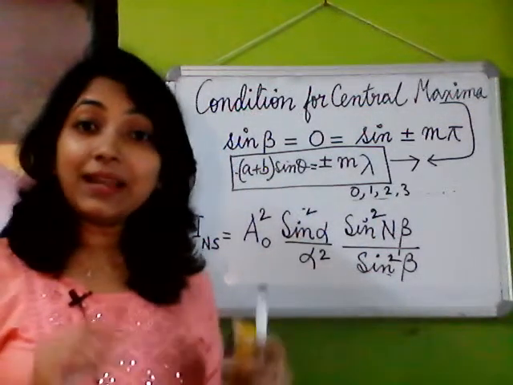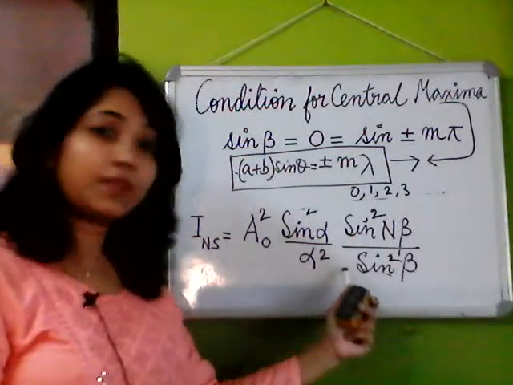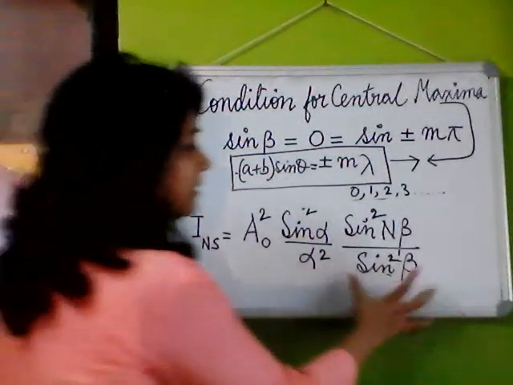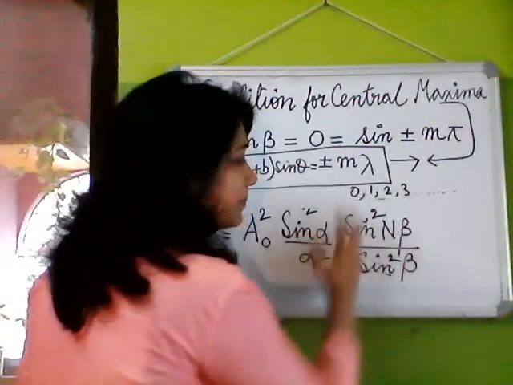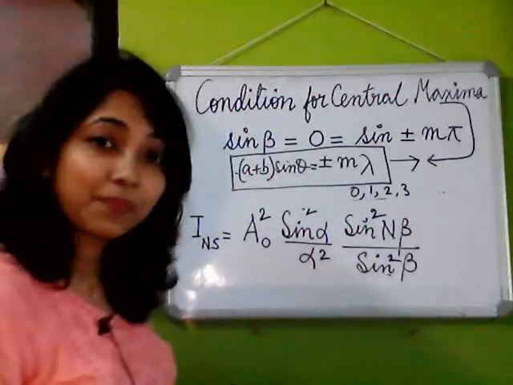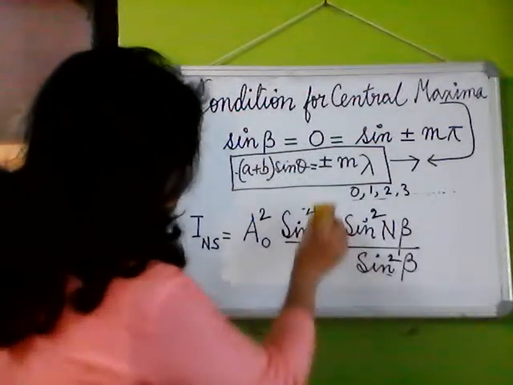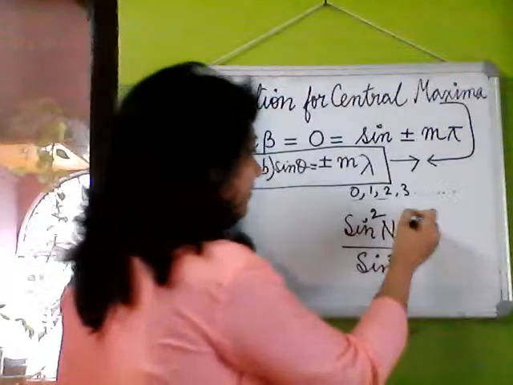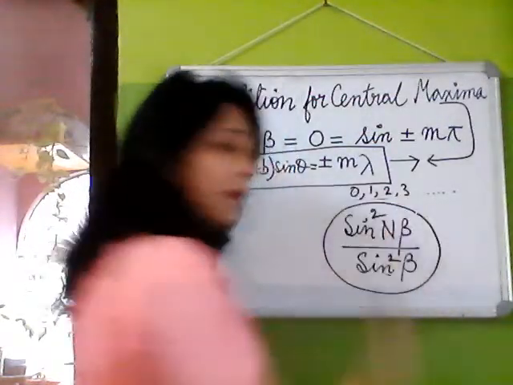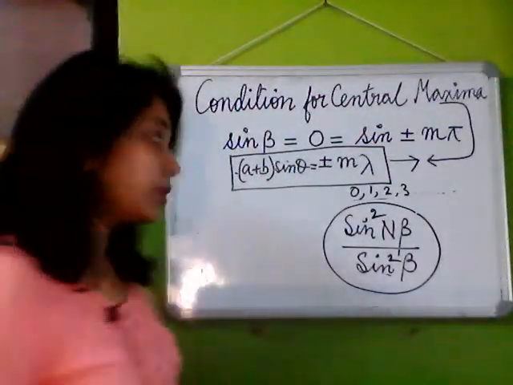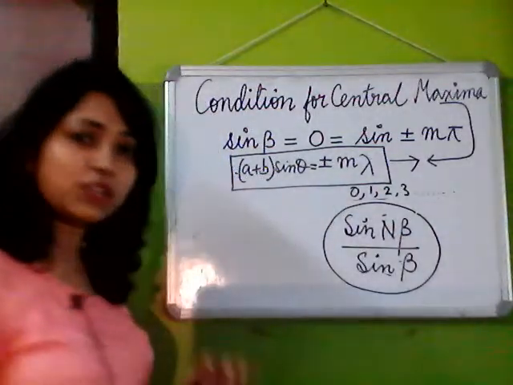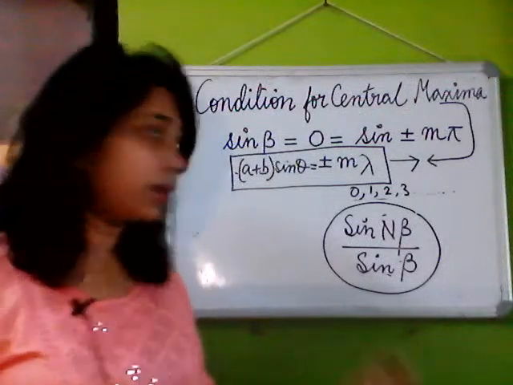But children, here the determining factor is sine n beta by sine beta, correct? Let me just show you this part. So this is the determining factor. Basically we are dealing with the factor sine n beta by sine beta; the square can always be done later on.